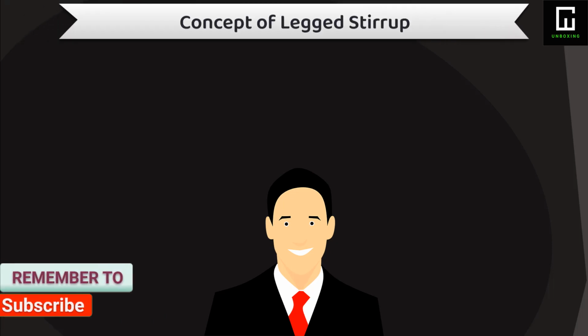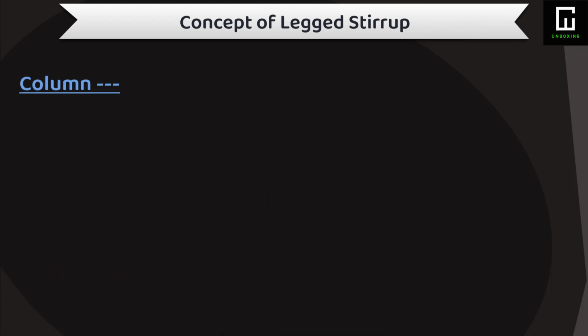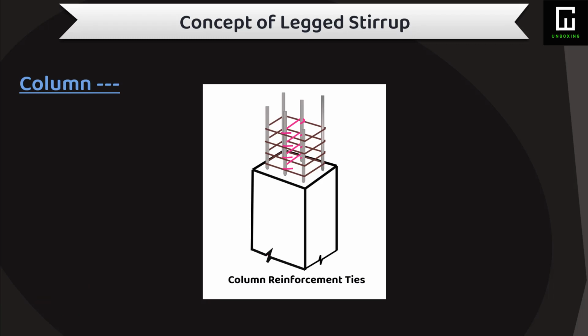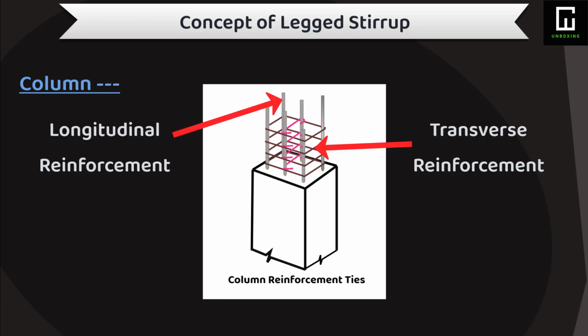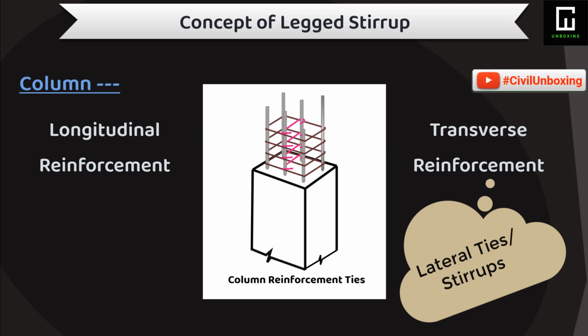At the very first, as you already know, the column is designed and placed with longitudinal reinforcement and transverse reinforcement. The transverse reinforcement is technically known as lateral ties for columns, whereas stirrups for beams.